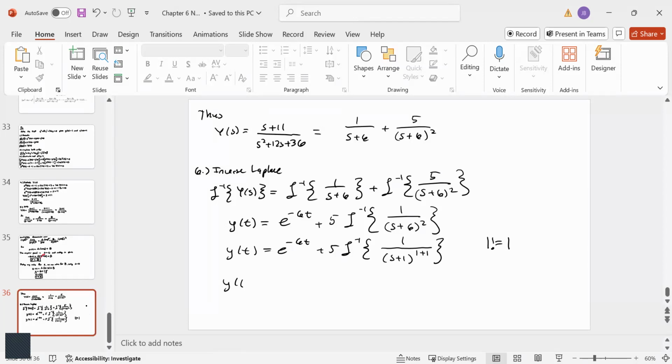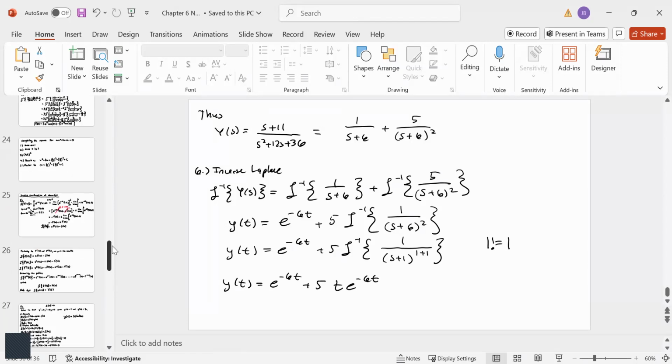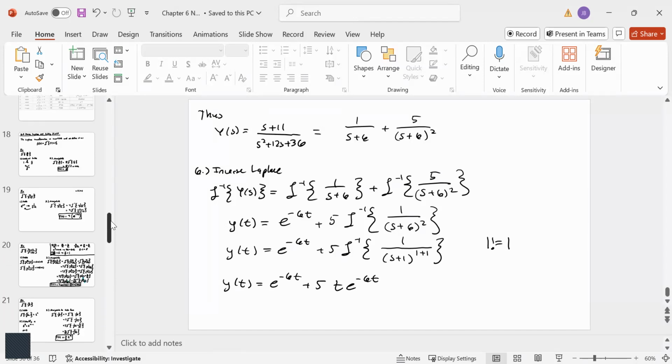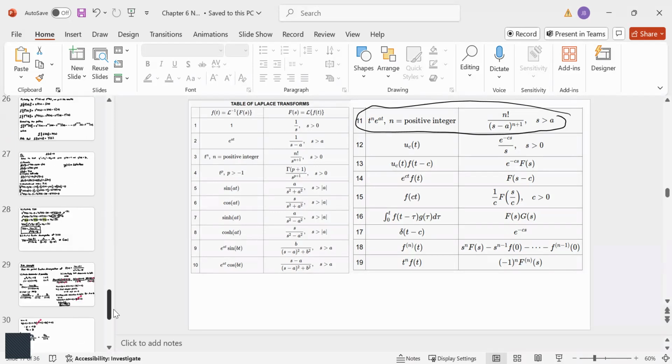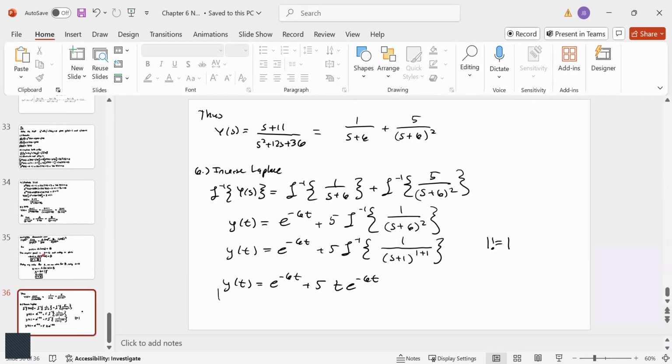So then we get y of t is equal to e to the negative 6t plus 5t e to the negative 6t, according to the table, which says, I wish I could just have the table floating right next to us, but I can't. So s minus a, n plus 1, so n was 1, 1 factorial, 1, and then it becomes t to the 1 power e to the negative 6t because we have positive 6 on the inside. And there we go. That is how we deal with repeated roots and the Laplace transformation.